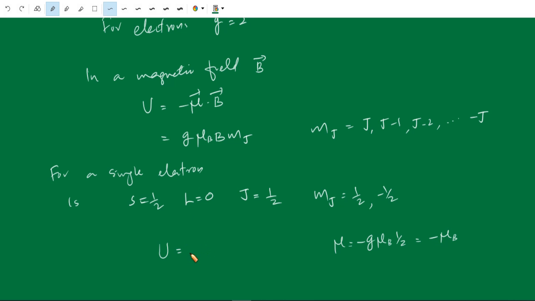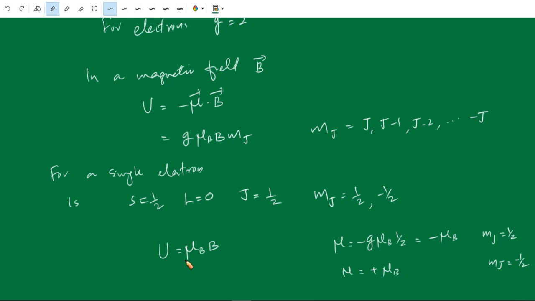Therefore the potential energy is minus of minus, that is plus mu_B times B. Similarly, for Mj equal to minus half, mu is equal to plus mu_B.